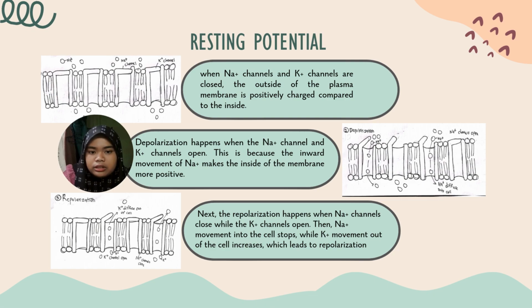This is because the inward movement of Na+ makes the inside of the membrane more positive. Next, repolarization happens when the Na+ channel closes while the K+ channel opens. Then Na+ movement into the cell stops while the K+ movement out of the cell increases, which leads to the repolarization.